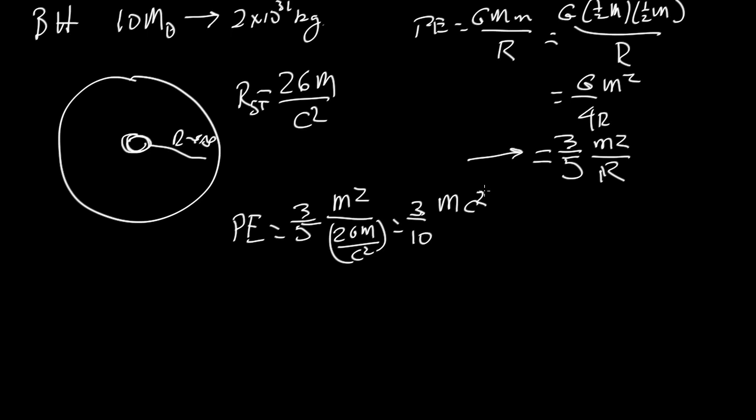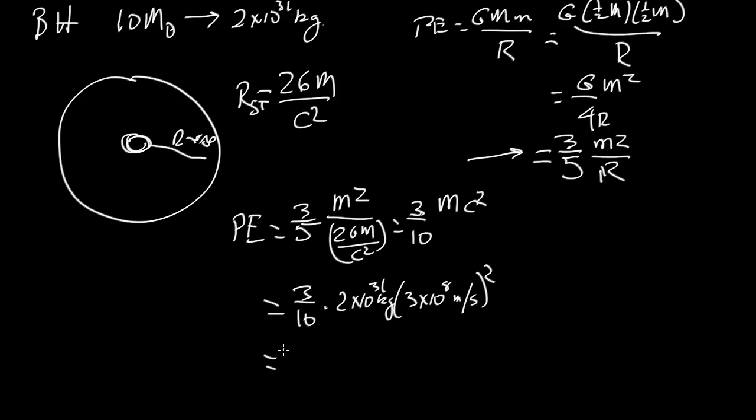So if we put in the relevant values for a black hole, I get 3 over 10 times 2 times 10 to the 31 kilograms times c squared, which is 3 times 10 to the 8 meters per second, whole quantity squared.